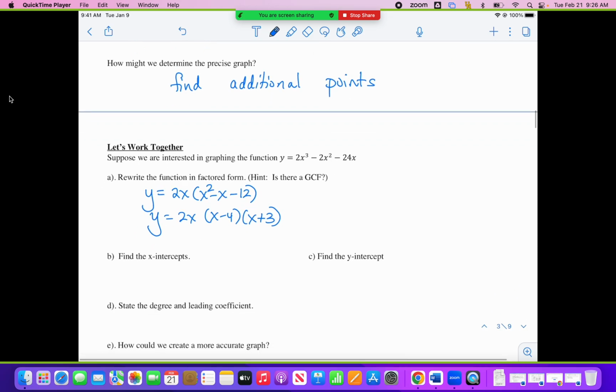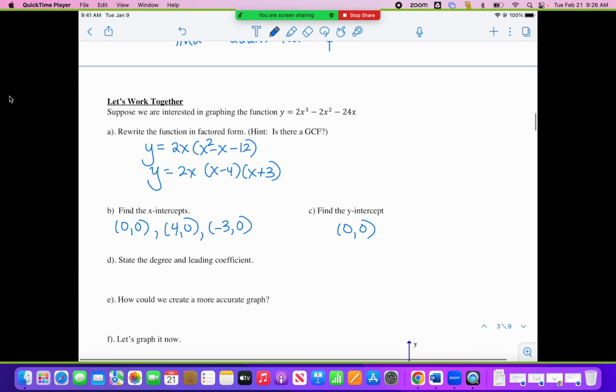So the x-intercepts are going to be (0, 0), (4, 0), and (-3, 0). The y-intercept is the same as one of my x-intercepts, (0, 0). My degree is 3, and my leading coefficient is 2.